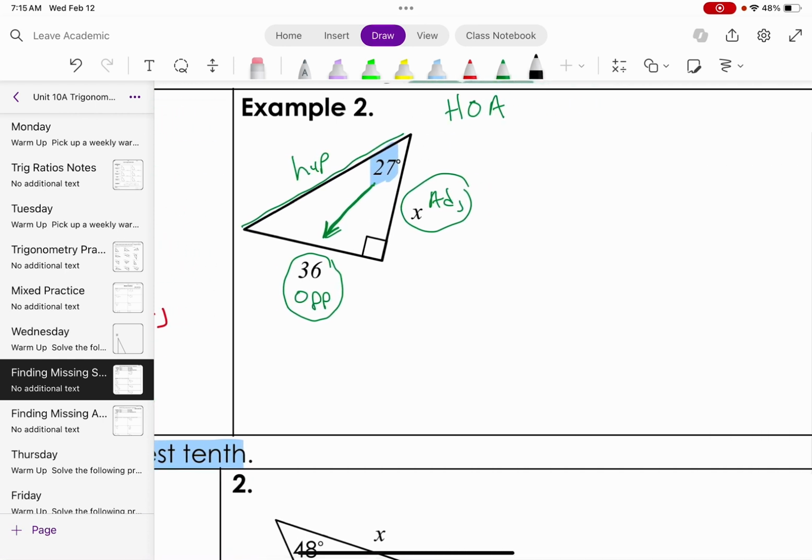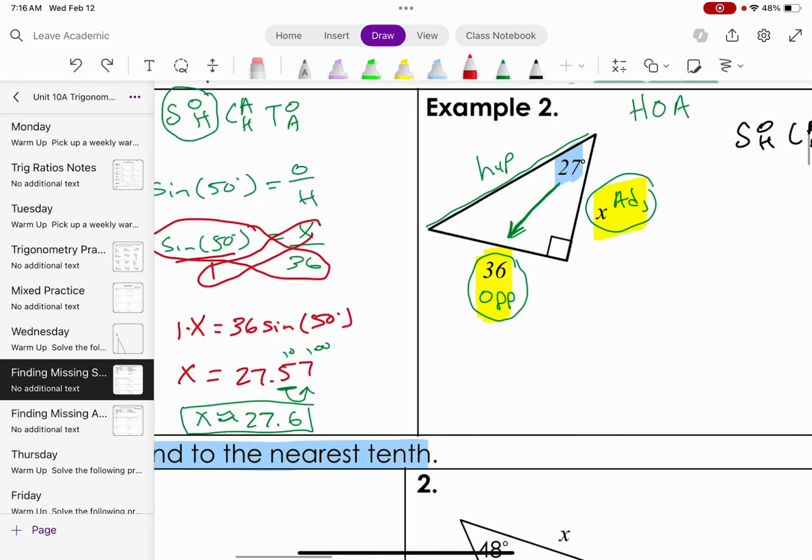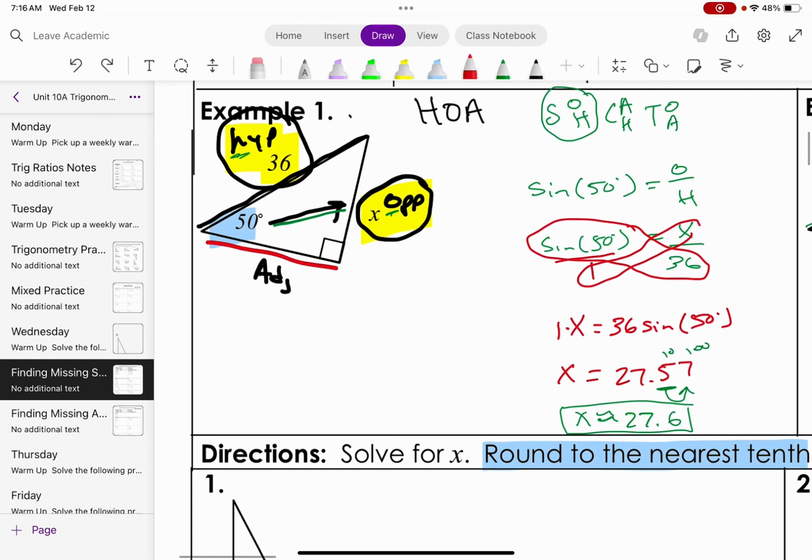When we go through it, we're going to use sine, cosine, or tangent, right? Because we just labeled it. So when you go through it, we want to be able to identify what we have to work with. So we have opposite, we have adjacent. We cannot use this side because there's nothing there that represents that hypotenuse. Same thing over here. That's why we didn't use this one, because nothing here is representing.